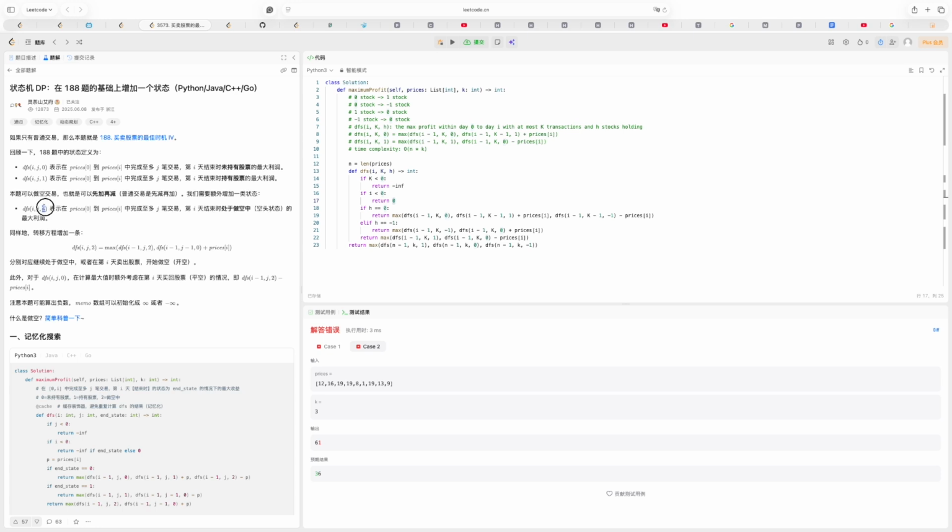Yeah, it represents first selling and as buying will be 2, but I'm not sure why it should be 2, not -1.